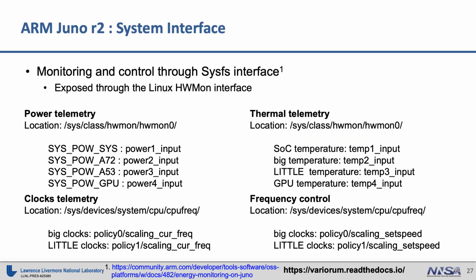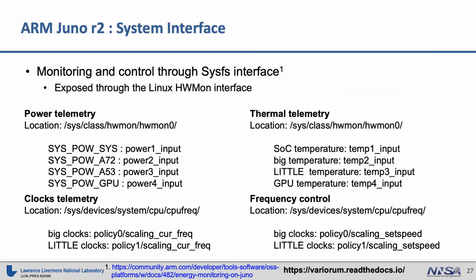The Variorum implementation on ARM leverages the sysfs interface through standard Linux HWMON. Specifically for power telemetry, the HWMON interface exposes 4 power registers provided by the ARM Juno platform. These provide the entire system or SoC power usage along with the power usage of the 3 compute components.